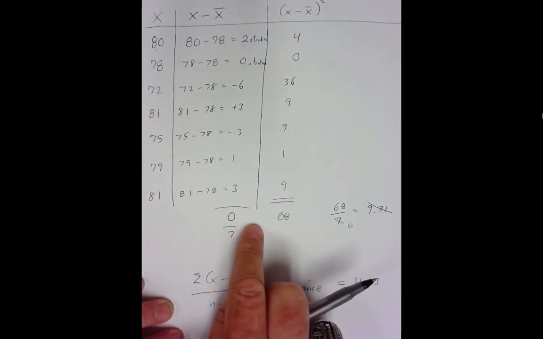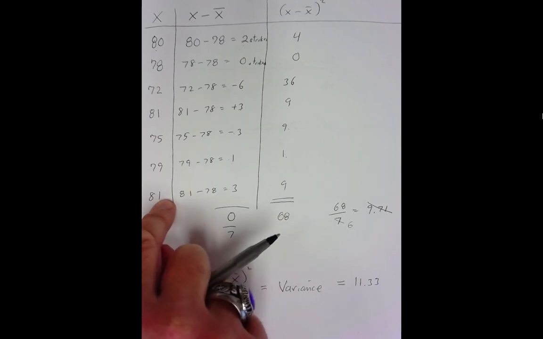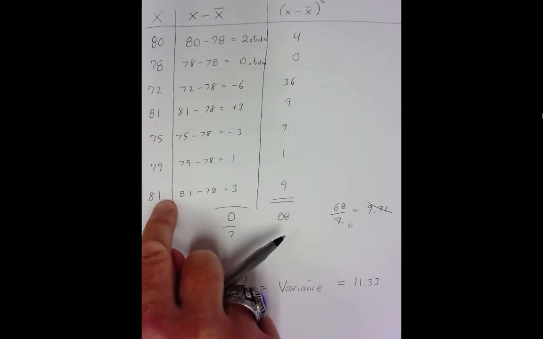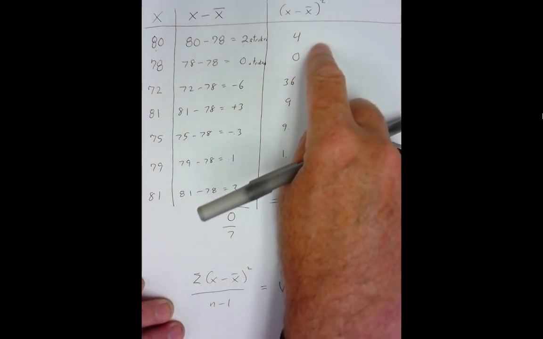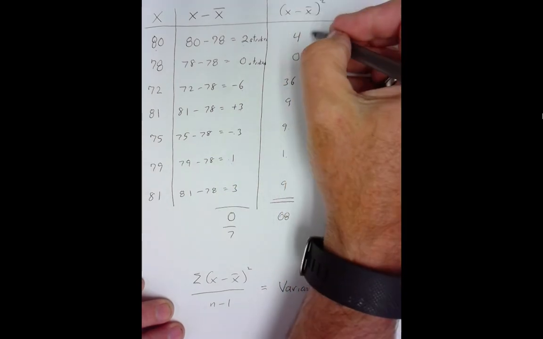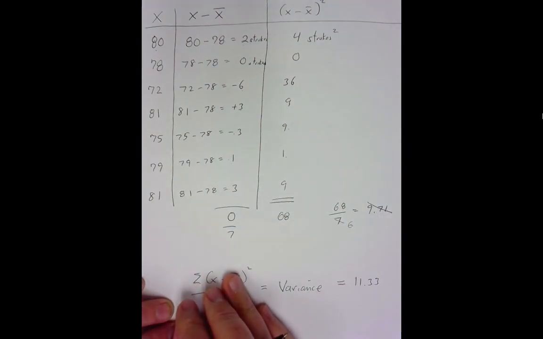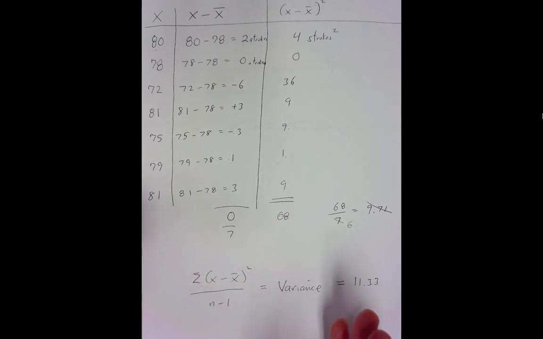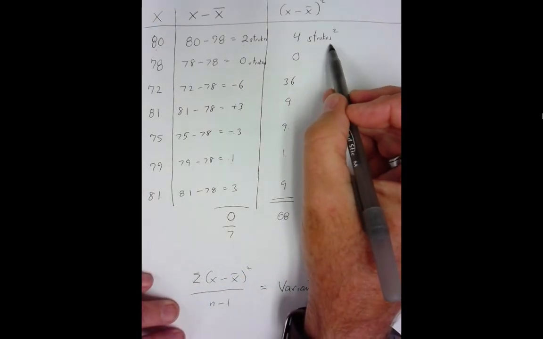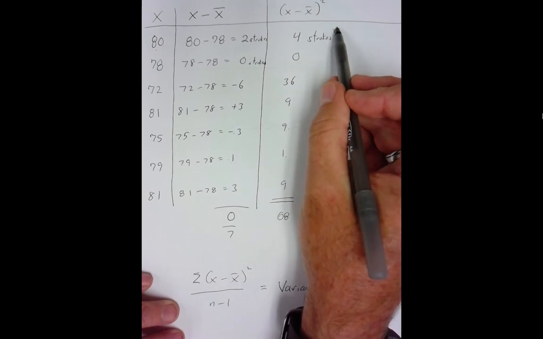So we have our unit in the same measurement that we started out with in our data set. But guys, what happens when we square these things? We get 4 strokes squared. What in the world is 4 strokes squared? I'm okay with the 4, but what does that unit of measurement, strokes squared, do for us? Confuses the heck out of stuff, doesn't it?